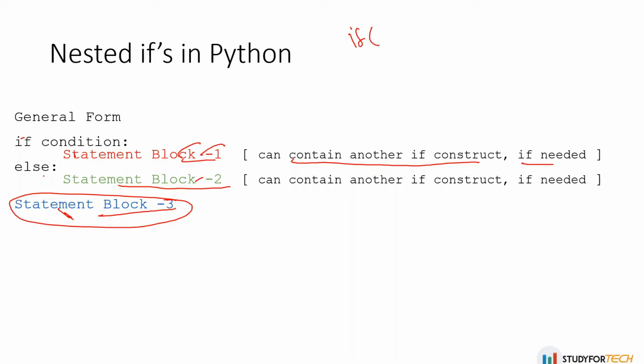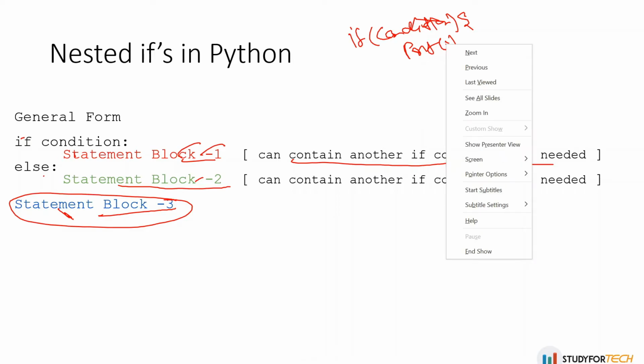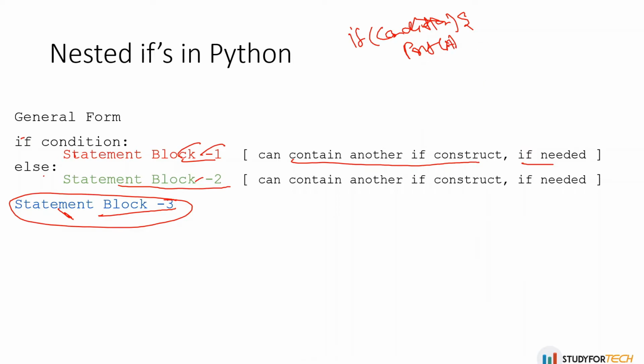If you write in C language, or another language, if condition, here print A, and then you can have another condition inside if, which is nothing but nesting, and like that you can write. So this is nesting of if inside if. That's what it is saying, that it can contain another if construct if needed.